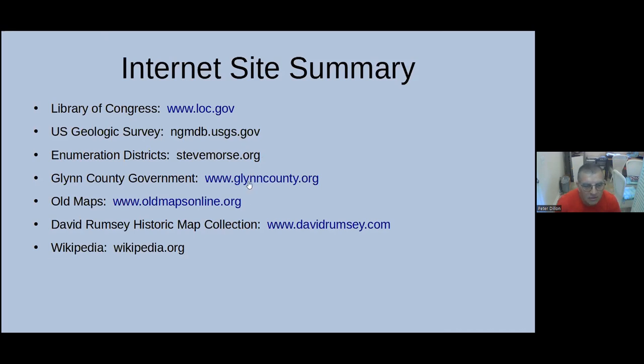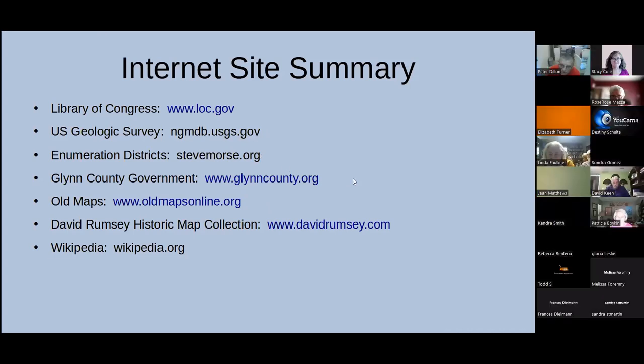And then David Rumsey's historical map collection, which has maps not just from the United States, but also from around the world, and then Wikipedia. So if there are any questions, please feel free to ask me now, and I'll be able to address those.